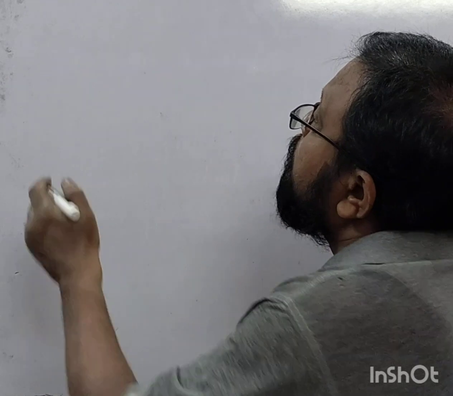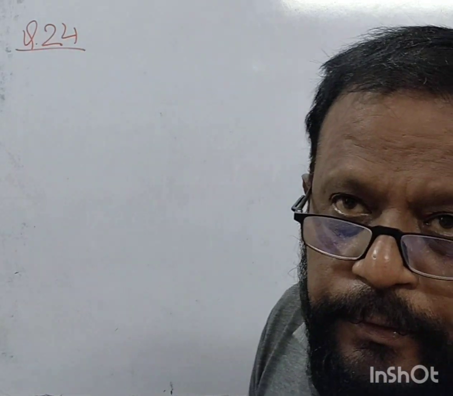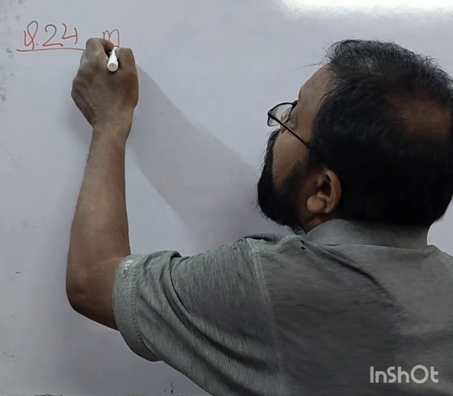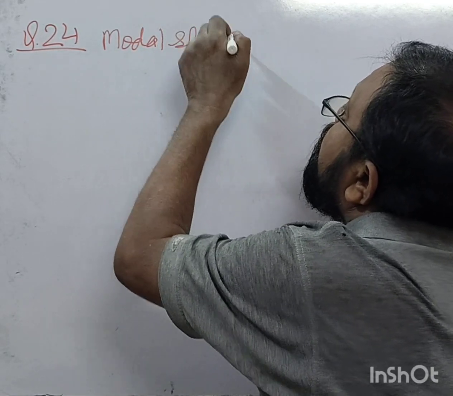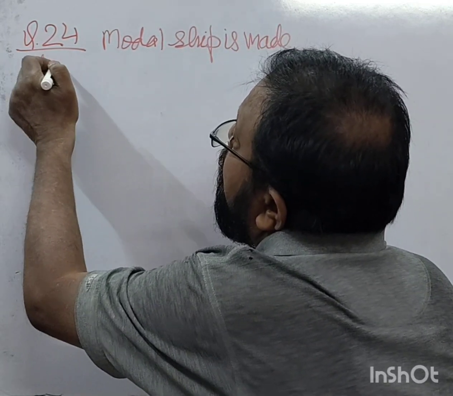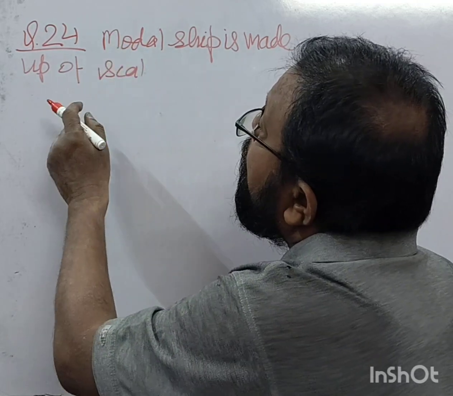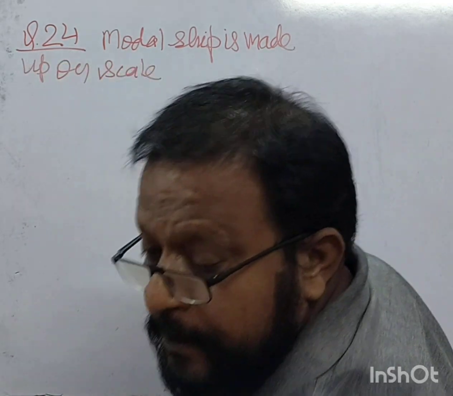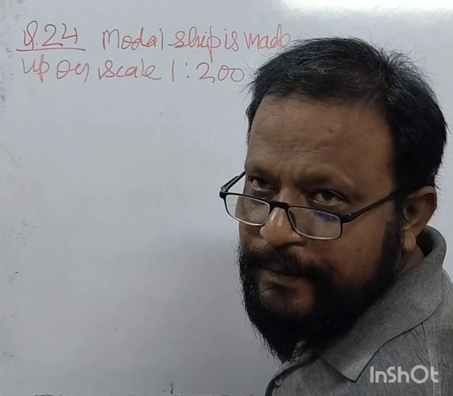You know, it is given you a question. This is question number 24. A model ship is made up on scale 1 is to 200, right?